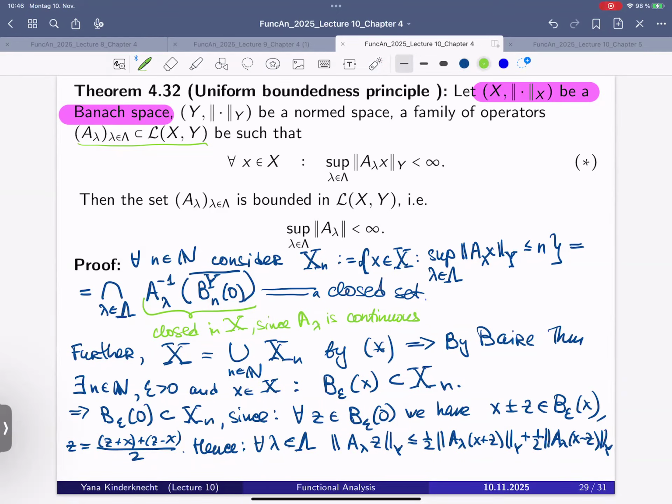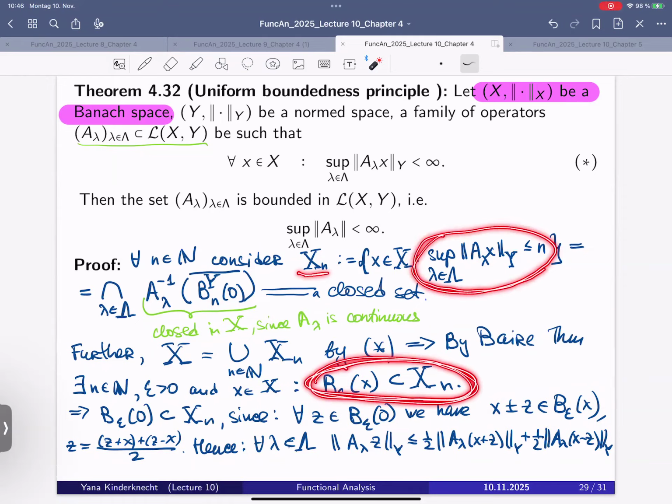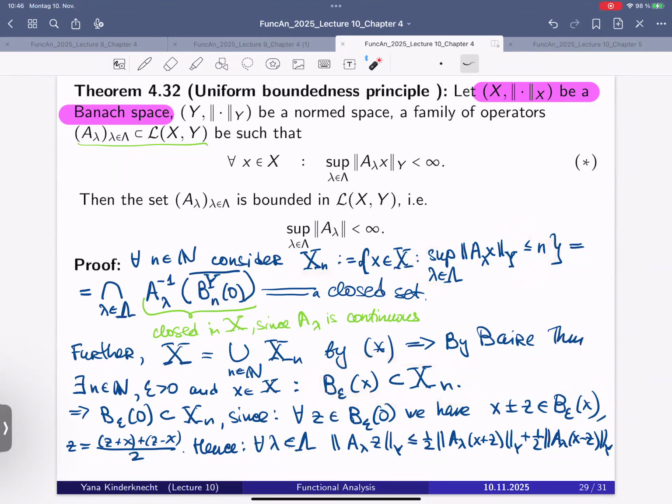But we know that we have this, and this ball is a subset of X_n, and X_n is such that we have this. So each norm here can be estimated by n due to this inequality.